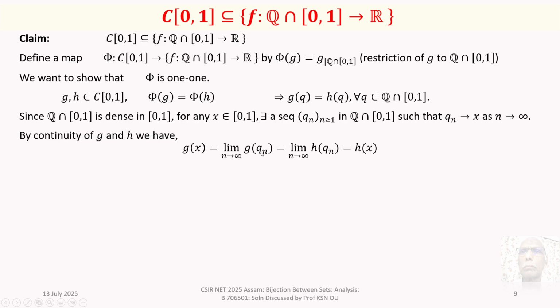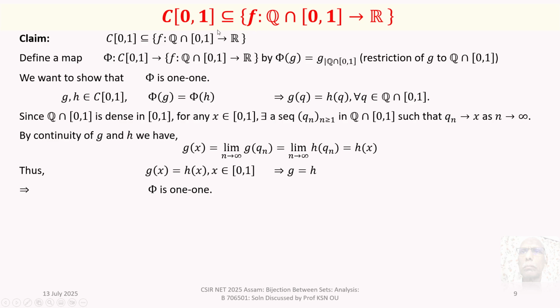And these two are equal because g of q is equal to h of q for all q belongs to Q intersection [0,1], because phi of g is equal to phi of h. So, thus they are all equal. Thus, g of x is equal to h of x for whom? For all x belongs to [0,1]. Then g and h are precisely the same functions. Thus, we get phi is 1-1.